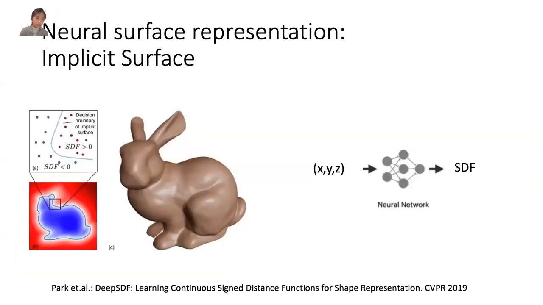The aforementioned scene representations, such as point clouds and meshes, are all explicit, which means we can directly reference the surface elements. In contrast, implicit surfaces represent the surface as a level set of a function. One commonly used function is called the signed distance function.